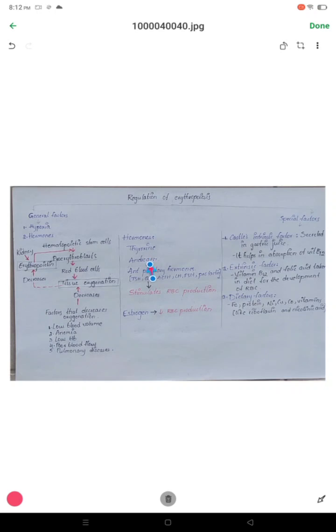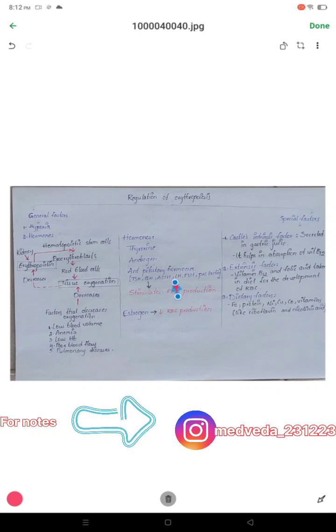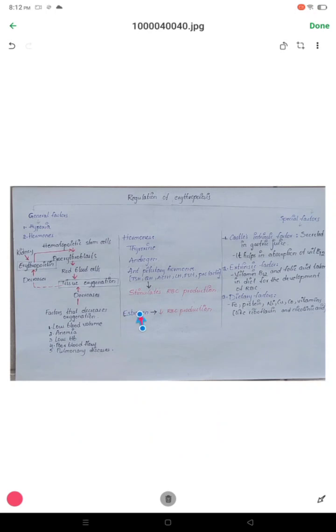Hormones like thyroxine, androgen, anterior pituitary hormones like thyroid stimulating hormone, growth hormone, adrenocorticotropic hormone, luteinizing hormone, follicle stimulating hormone, prolactin hormone, these all increase the RBC production, whereas hormones like estrogen decrease the RBC production. And this is one of the main reasons why females have less RBC than compared to the male.